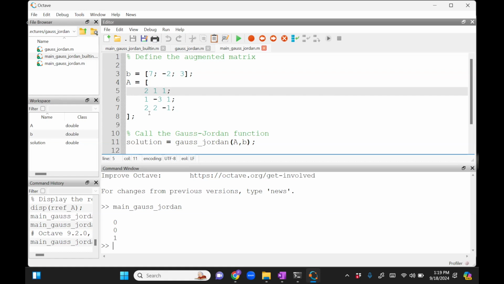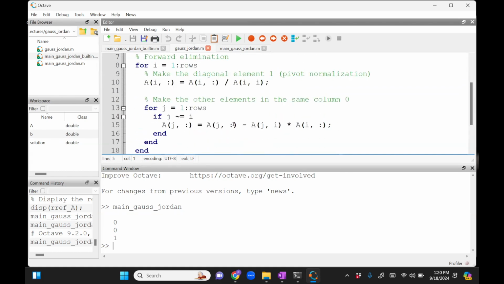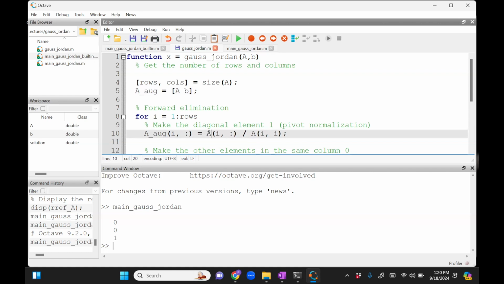So I'm just checking my equation. It looks right to me. 7, minus 2, 3. Okay, what went wrong? I think it might be just that I redefined it.